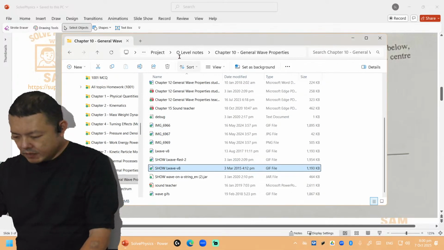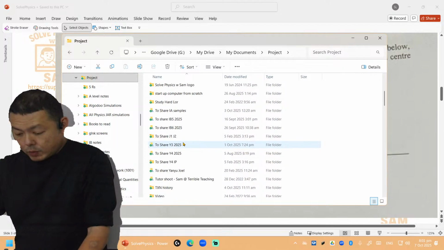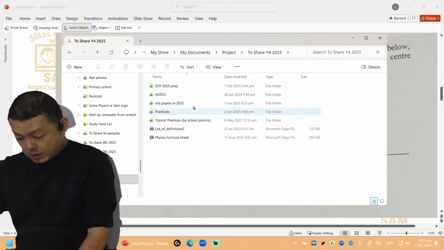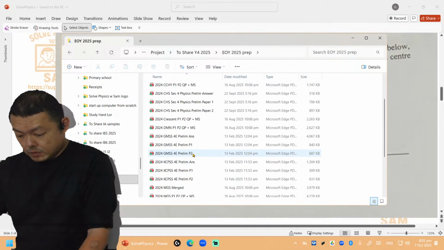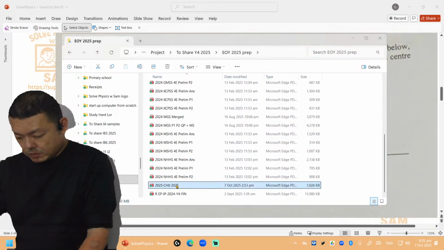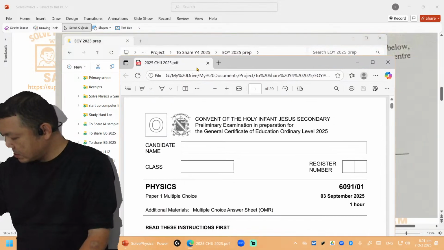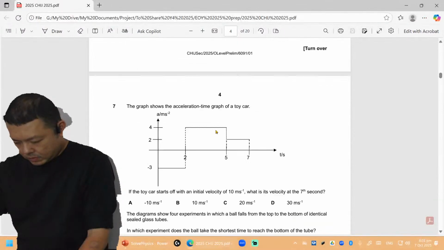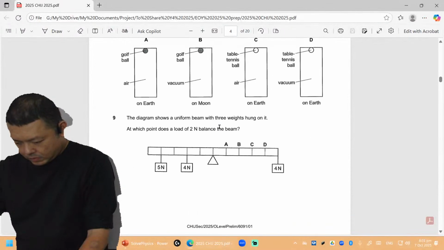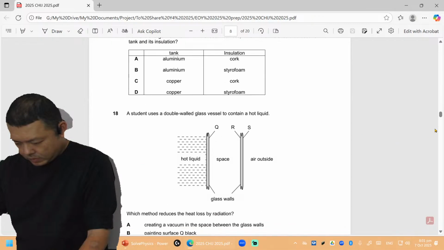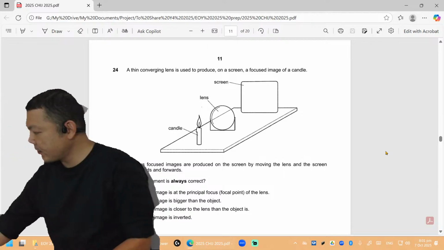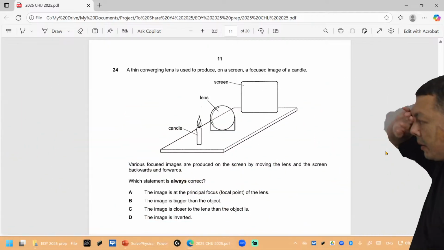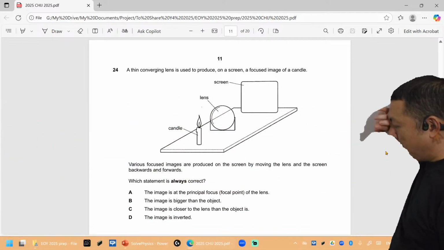Wait, let me see first. It was the CHIJ 2025. Hang on. Come, you try this one now.